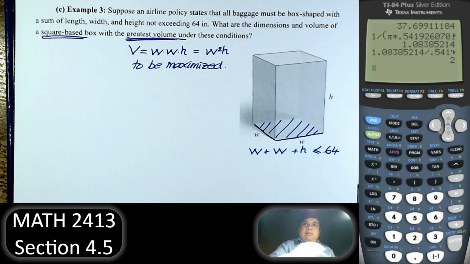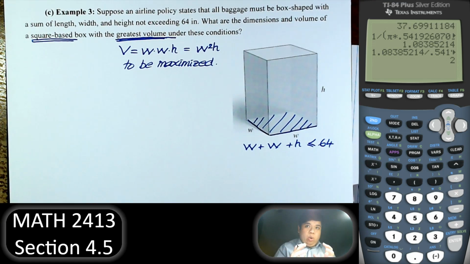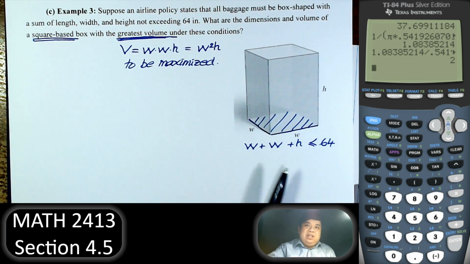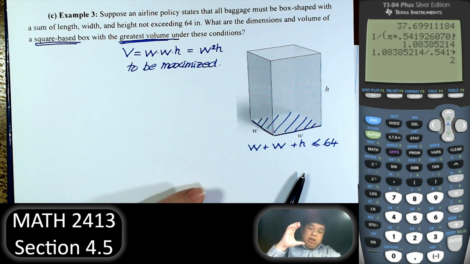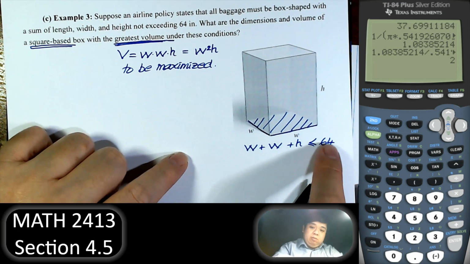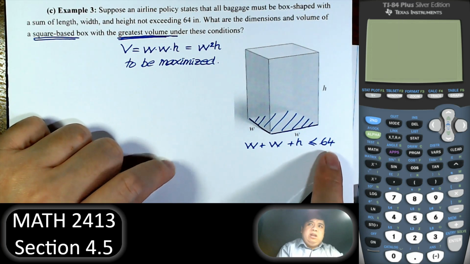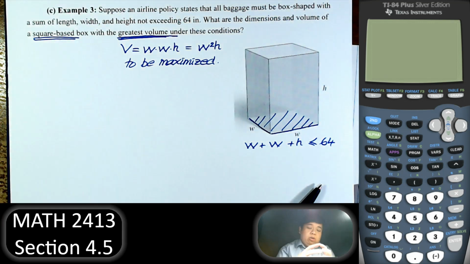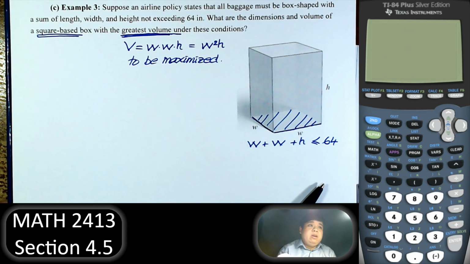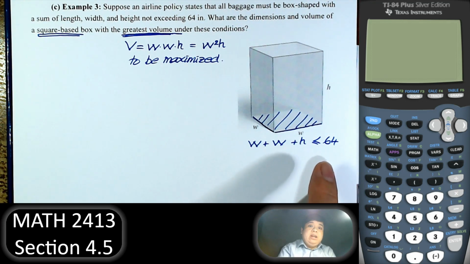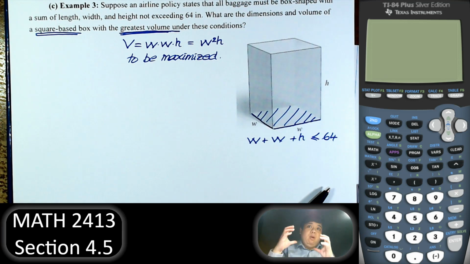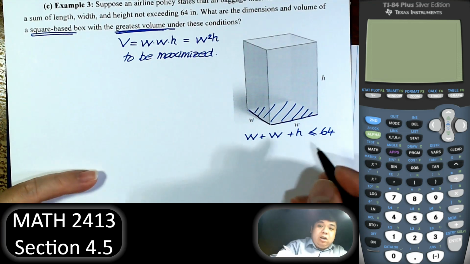Now, think about this. If we want the box with the biggest volume, right, we're going to choose equal to. So that is pushing the boundary. We choose the biggest possible thing, 64, because if we are allowed to have 64 inches when total length, width, and height add up to 64, we're going to choose 64, right? We're not going to choose anything smaller than this. If we want the maximum volume, we have to choose the equal sign, the biggest possible constraint.